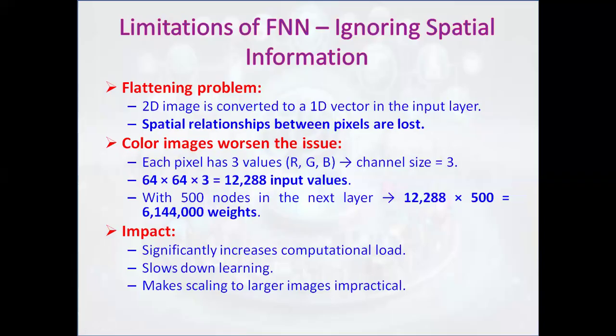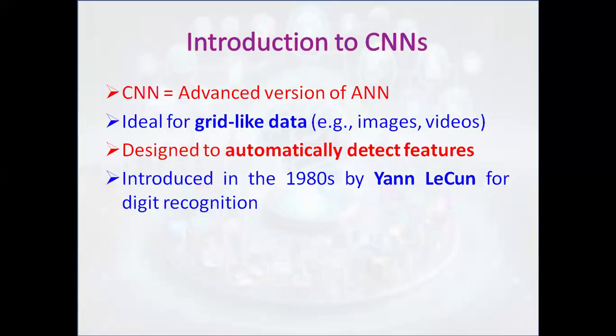So in order to overcome all those problems, we go for another important technique known as CNN, convolution neural network. CNNs are an enhanced version of artificial neural networks, ANNs, designed specifically to work with visual and grid-like data. They are especially suitable for images and videos where the spatial structure of data is important.